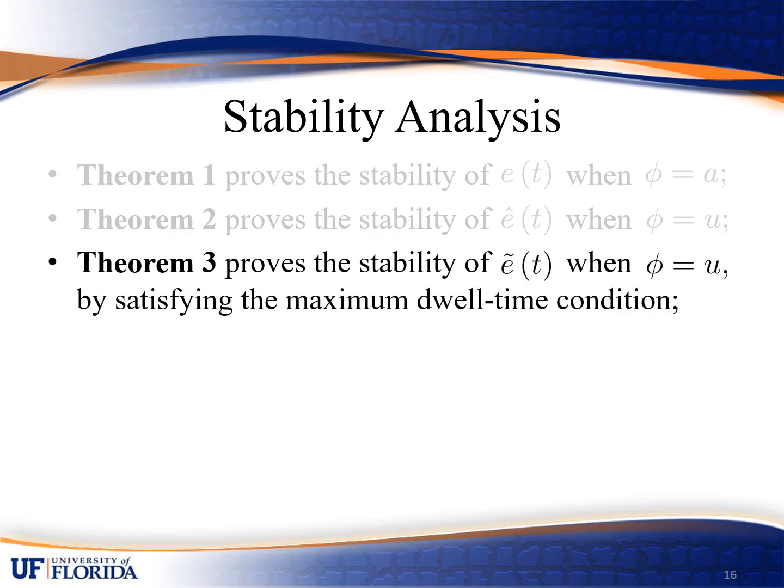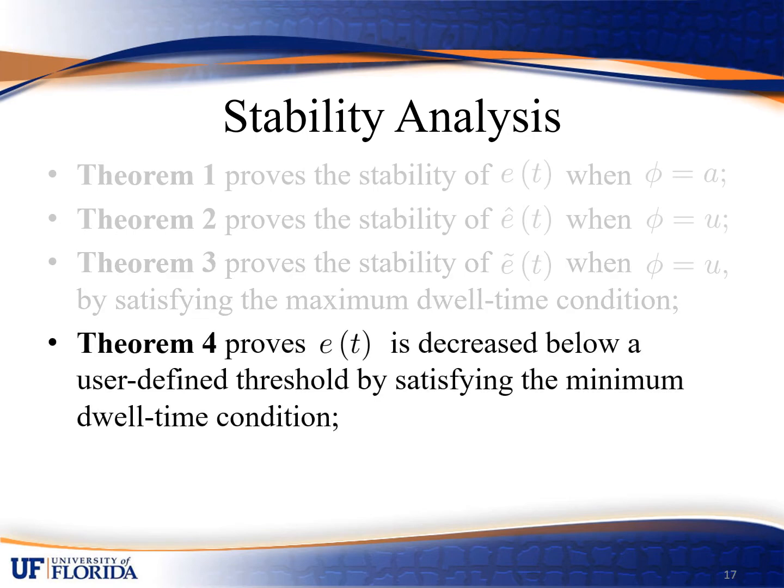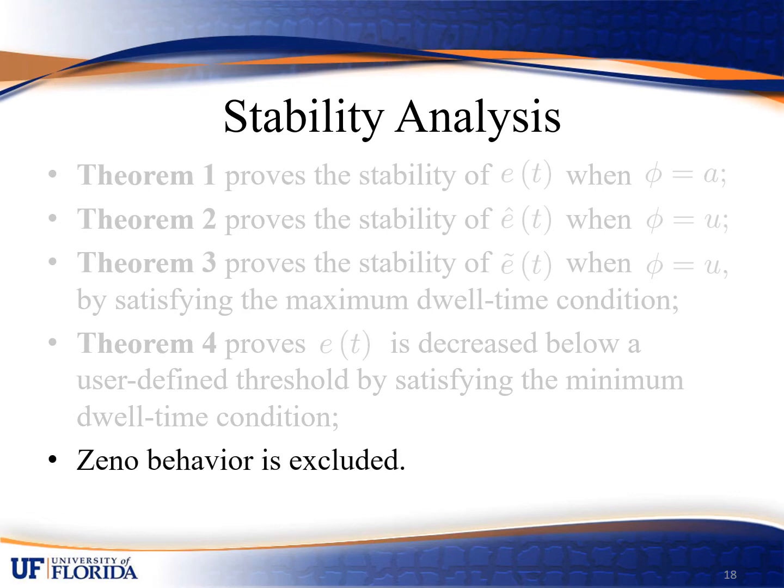Theorem 3 proves the stability of the state estimation error E tilde T when feedback is unavailable by satisfying the maximum dwell time condition. And Theorem 4 proves the trajectory tracking error ET is decreased below a user-defined threshold by satisfying the minimum dwell time condition. And additionally, Zeno behavior is excluded to prevent infinite switching.